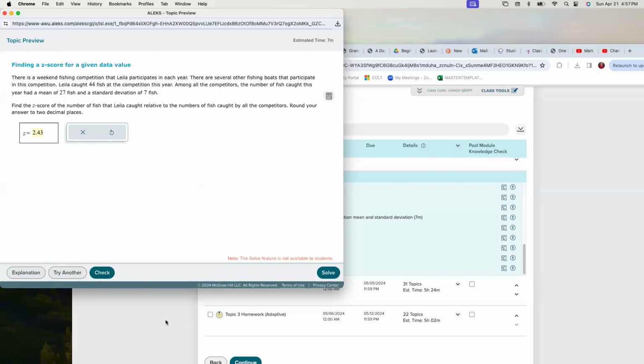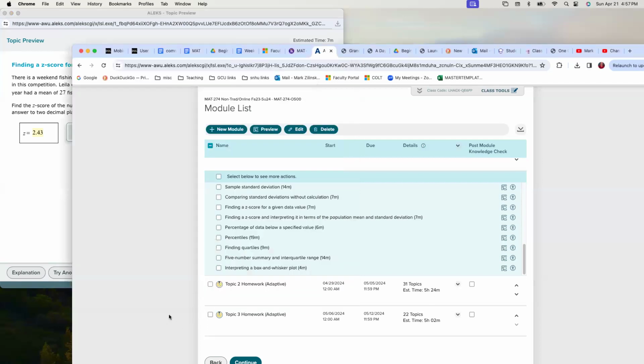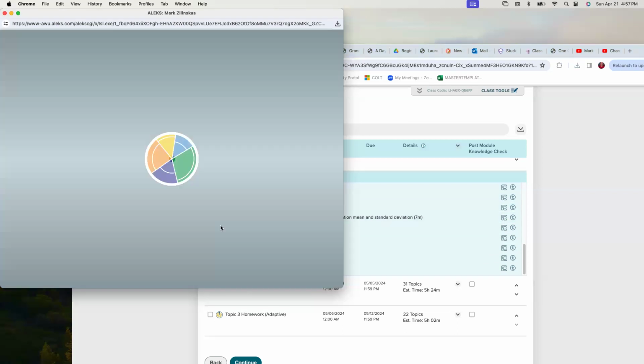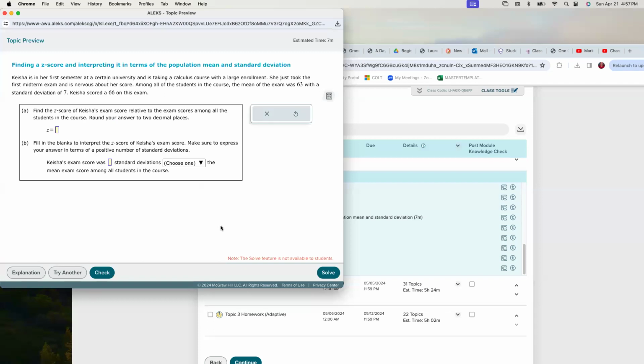Let me just go down here quickly, since we're talking about standard deviation or z-scores, and it says finding a z-score for a given data value. And that's what we just did. If I change this up and go into another problem that deals with z-scores, it says finding a z-score and interpreting it, which means this is exactly what I just did for you. We would be asked to find the z-score here.